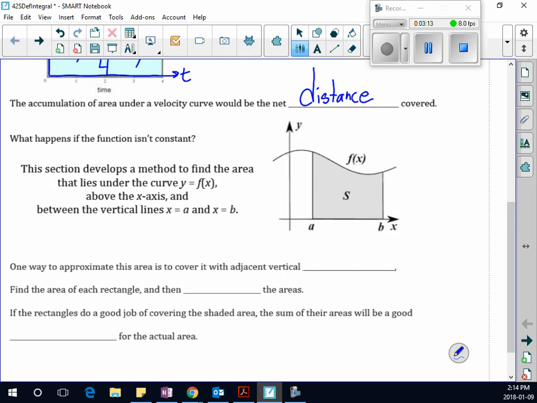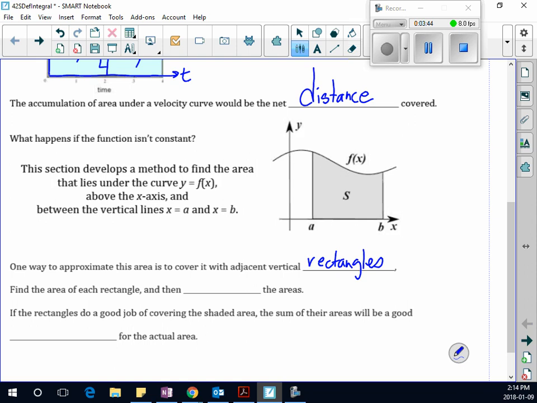So does anybody think they know how I could figure out the area of that kind of crazy looking thing? Break it up into little shapes. So what shape do you want to break it down to? Rectangles, yes. Rectangles are a great way to break up a shape. So one way to approximate this area is to cover it with vertical rectangles.